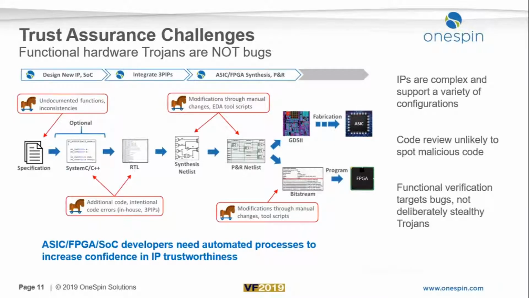This is actually used, but if you have seen any complex IP today, you can be a very experienced designer, but if you have never seen that IP before, which has a lot of performance optimization, crazy things, lots of configuration, if it's something obvious, you might find it. But if it's a smartly inserted Trojan, you have basically no chance to find it with code review.